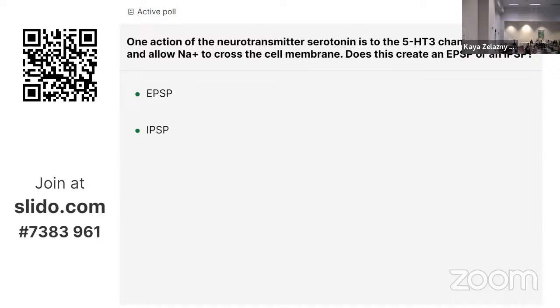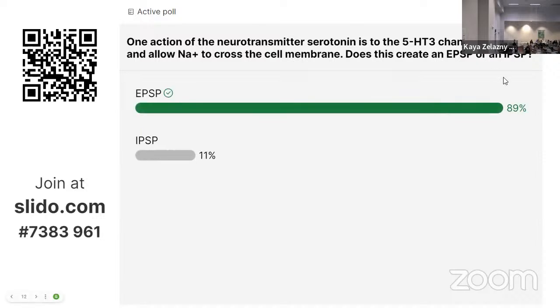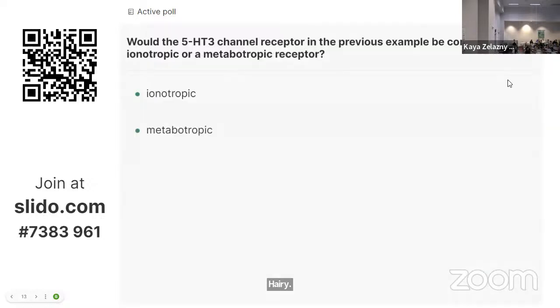Great. Excitatory? Yes. All right. Now, is that going to be an ionotropic or a metabotropic receptor? So let's go back to that description first.